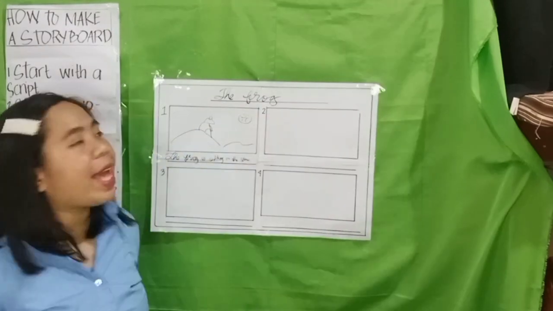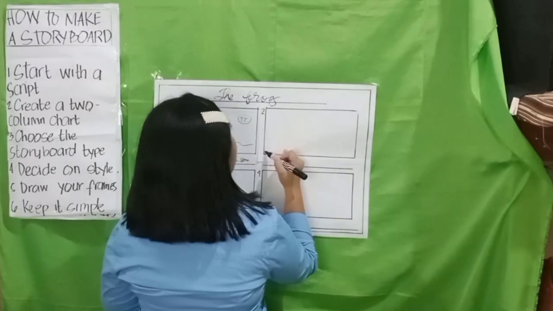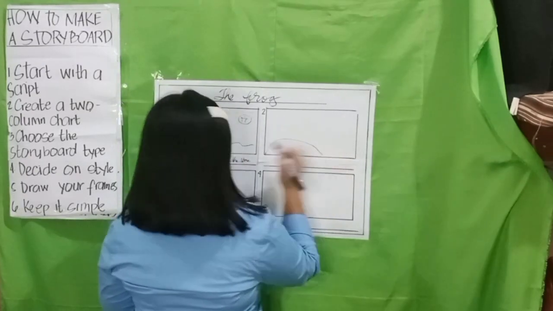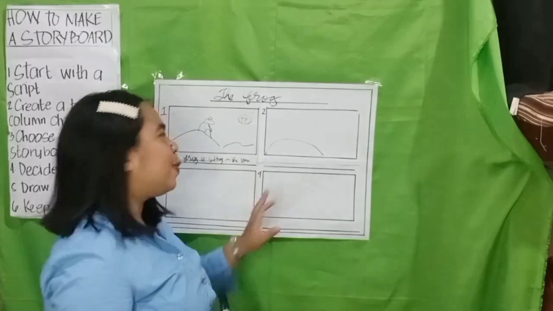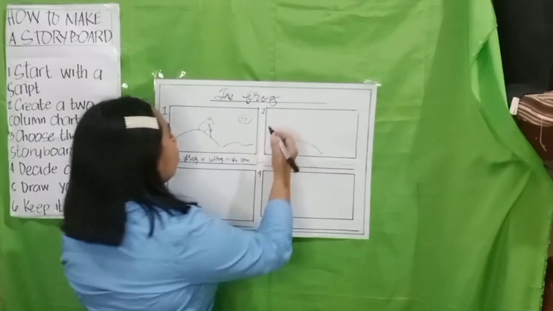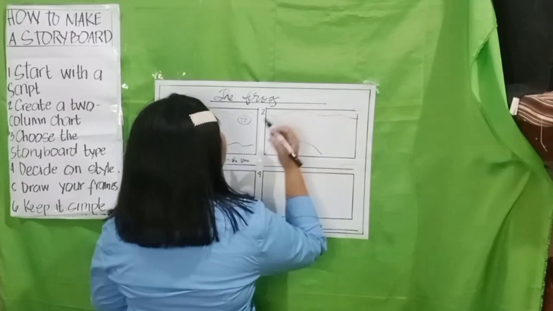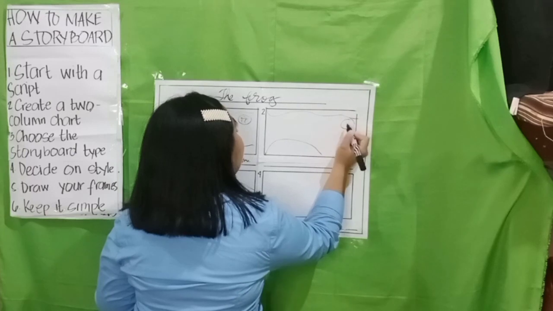Then on the next frame, the frog starts to jump. So again, we will draw a stone. Your drawing must be identical, unlike this, okay? So there's a river. There's a lotus here.